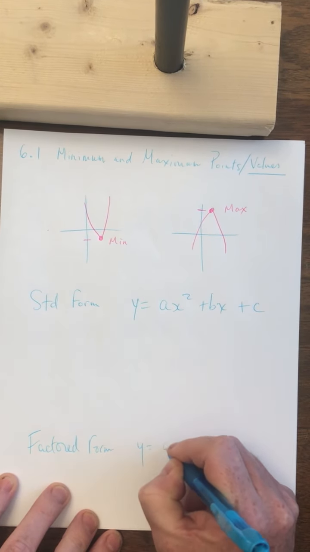And -9 plus 2 is -7. I don't expect you to write this line out. Hopefully by now with your factoring skills, you can go straight from the perfect square trinomial to this. But I wanted to show you the whole progression. So now we have vertex form.